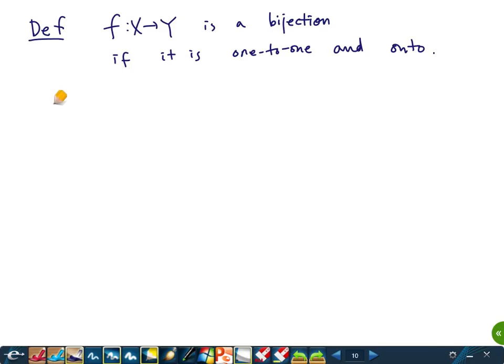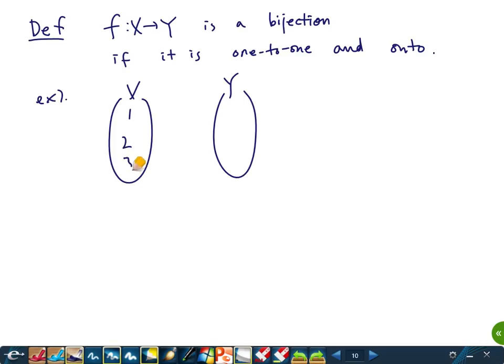So for example, like this: x, y, 1, 2, 3, a, b, c. This is a one-to-one function and also an onto function: one-to-one, onto, bijection. Suppose that X and Y are finite sets and f is a bijection.